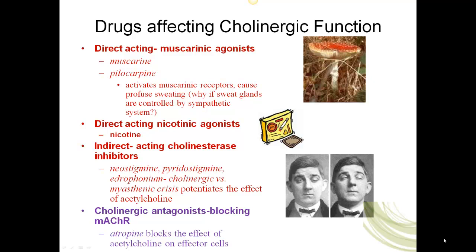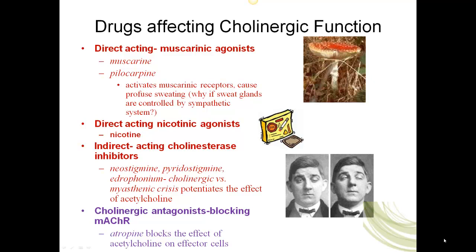If you inhibit the very enzyme whose job it is to degrade acetylcholine, then acetylcholine is going to last longer in the synaptic cleft. And we've already learned about the stigmines, neostigmine, pyridostigmine, physostigmine, and edrophonium, which is also an acetylcholinesterase inhibitor, but it has a very short half-life.